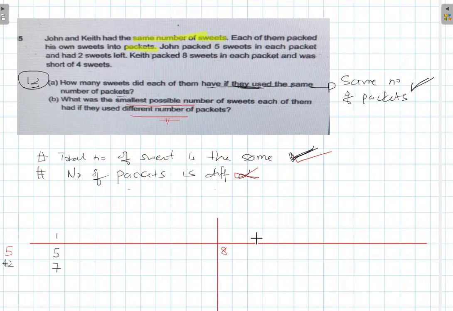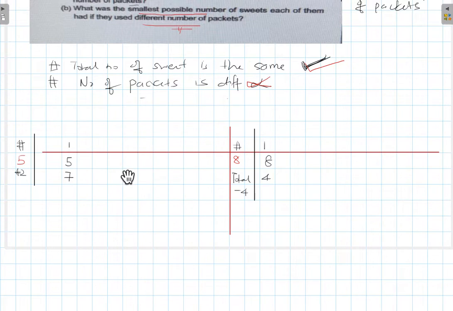So let's say my first packet is 8, and then it's short of 4, so it's minus 4. Correct or not? Here is minus 4. Then I have to continue to do until I find the total is the same.